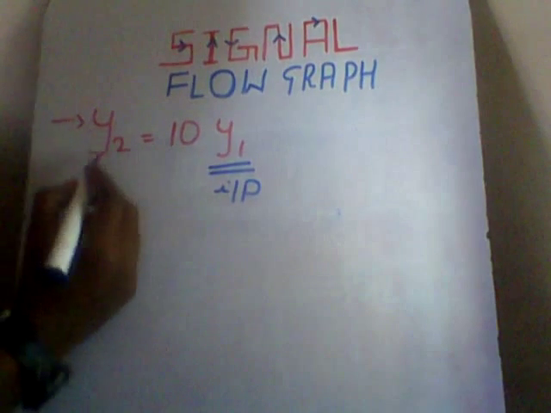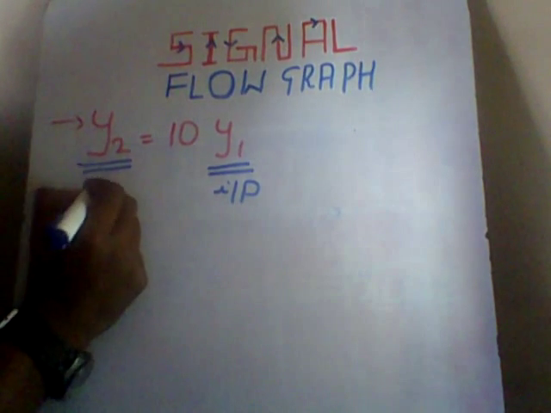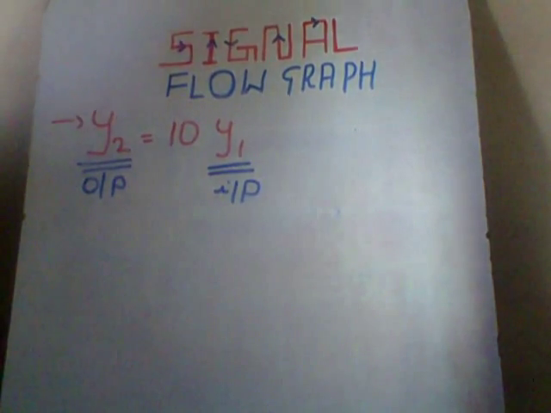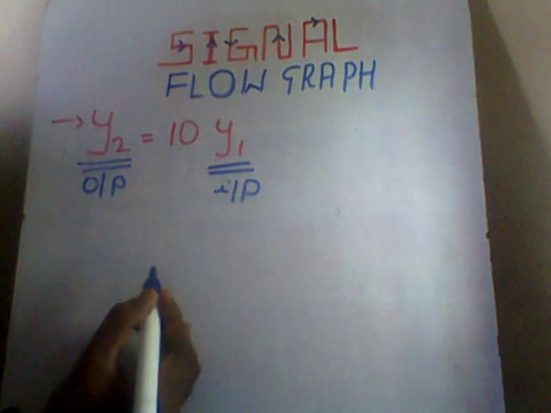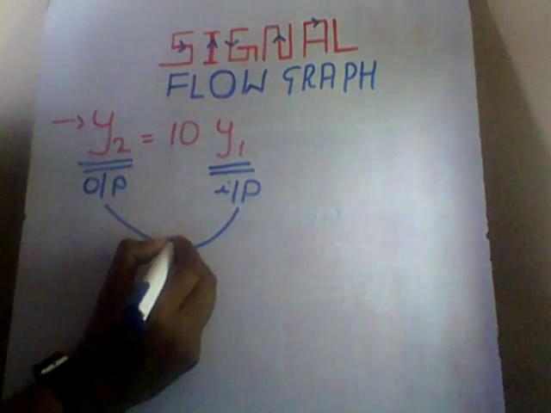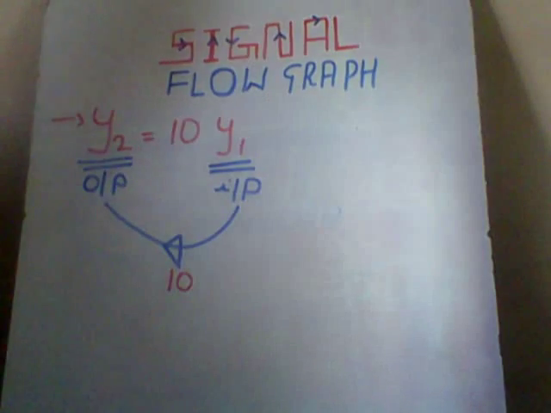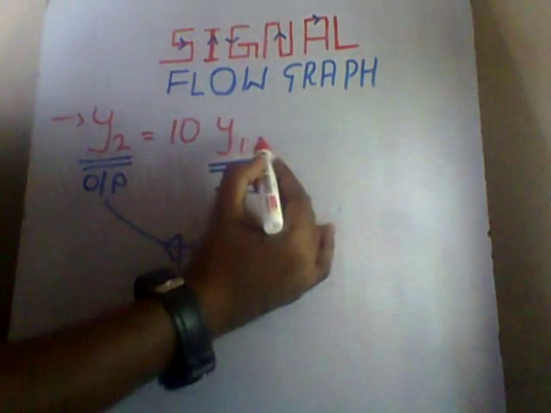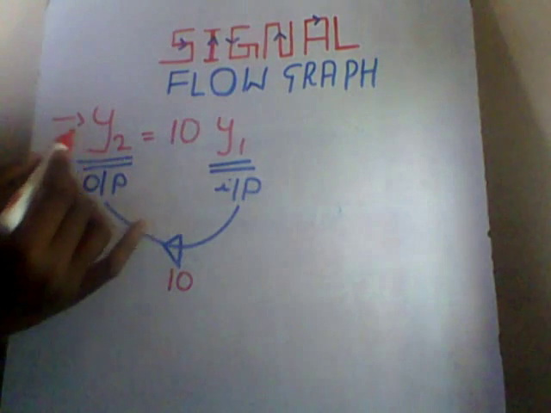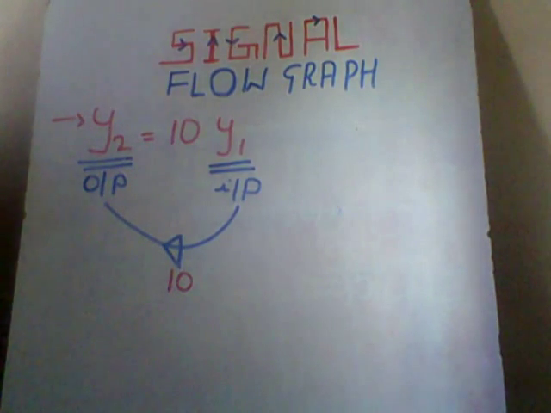The variable which lies on the left side of the equation is called the output variable, and the branch of a signal flow graph always flows from input to output with a path gain of 10. So here y1 is called the input node, y2 is called the output node, whereas 10 is called the path gain or transmittance.